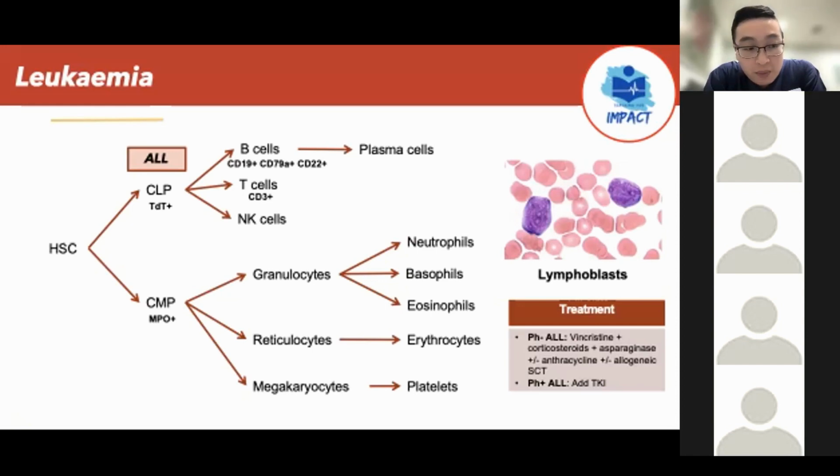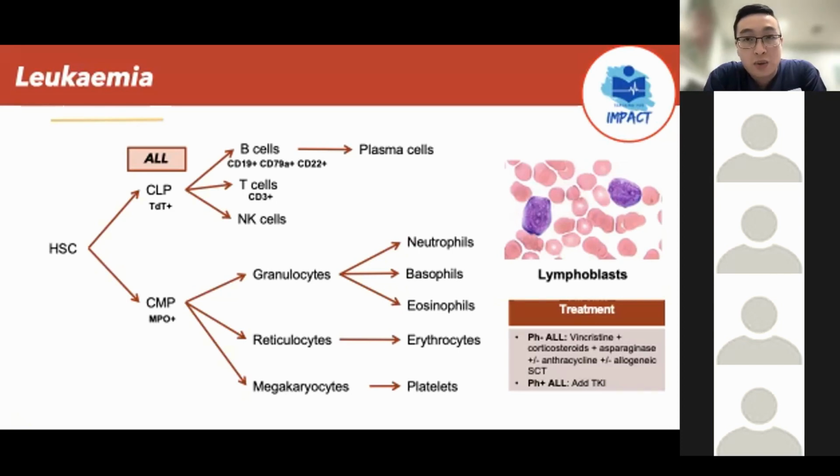The last group of symptoms that patients with acute leukemias can present with, and usually this is proportional to how high the cell turnover is, and in acute leukemias the cell turnover is very high.